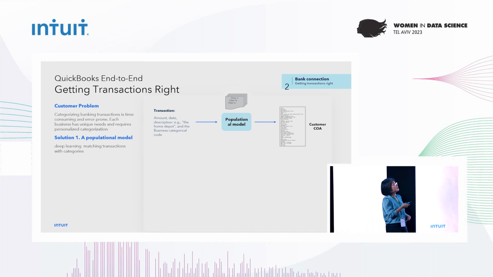It is the association between a transaction, which has details like amount, date, description, and so on, and the right account, the best account within the user's chart of accounts, among all the possible accounts. We try to devise this mapping function. We consider that a recommender system. It's not the interplay between user and item. Rather, it is the interplay between transactions and accounts.